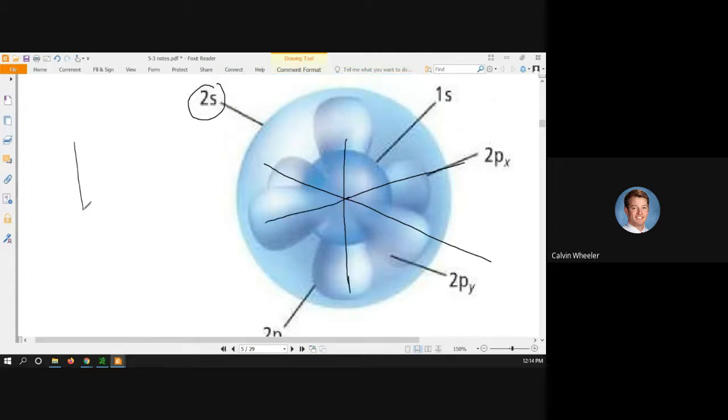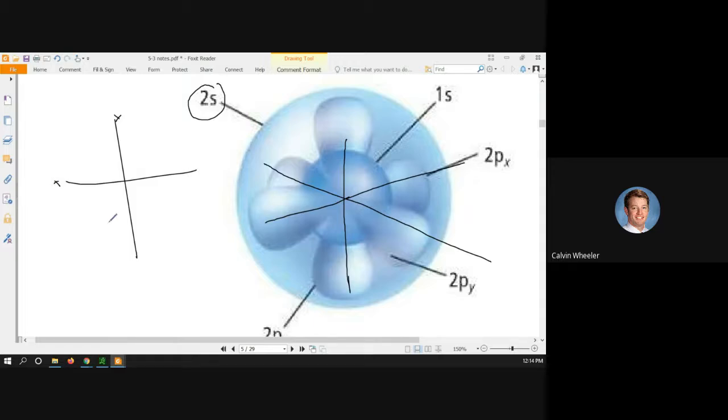So typically in a coordinate plane, you have your x and your y. So that's why we're labeling these x, y. So if we have two orbitals aligned perpendicular to one another, then we have one aligned along the x, one aligned along the y.